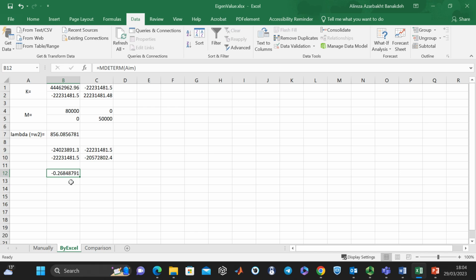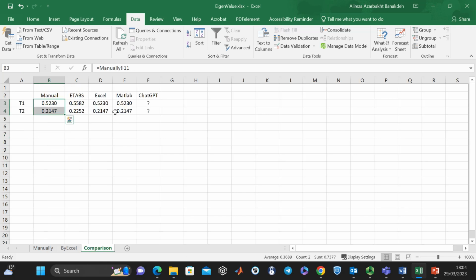Although this is not absolute zero, it is almost zero in comparison with the determinant, which was something to the power of 14. It was a very big number, wasn't it? So this is practically zero, and I will copy this 856 something here.